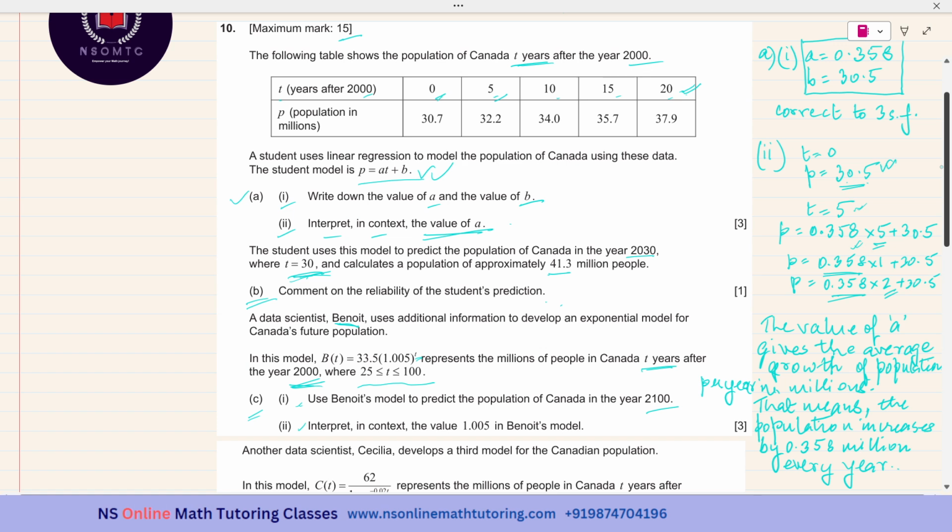Let us solve this part C over here. T will be equal to 100 for 2100. B of 100 should be equal to 33.5 times 1.005 raised to the power of 100.